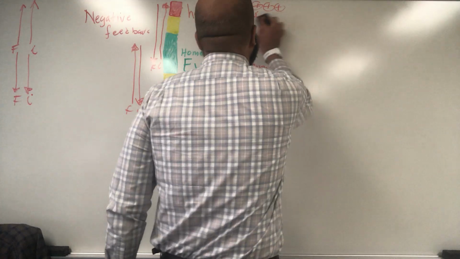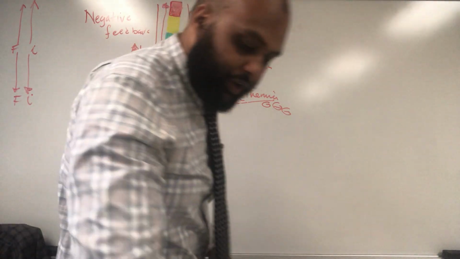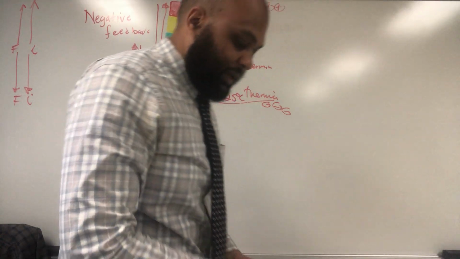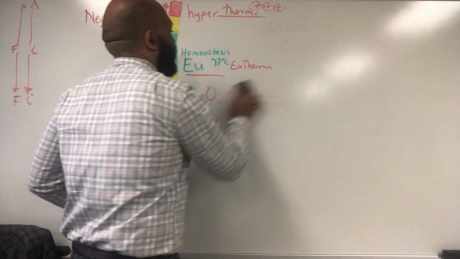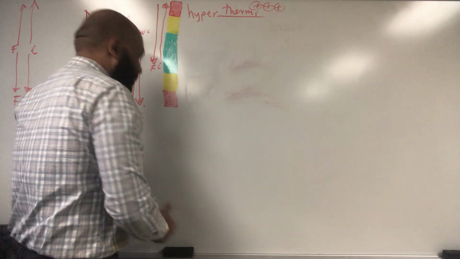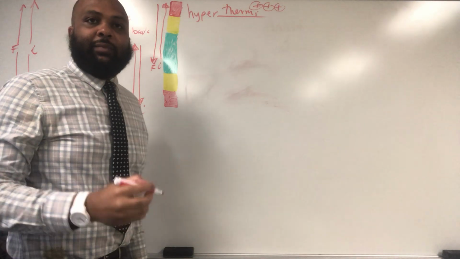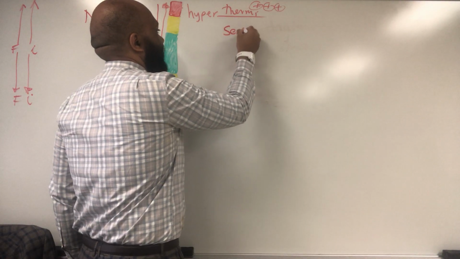Okay, so now let's look at how our body repairs hypothermia and hyperthermia. Let's begin with hyperthermia. So in hyperthermia, we are up here. There's always a template. The template is there is a sensor.